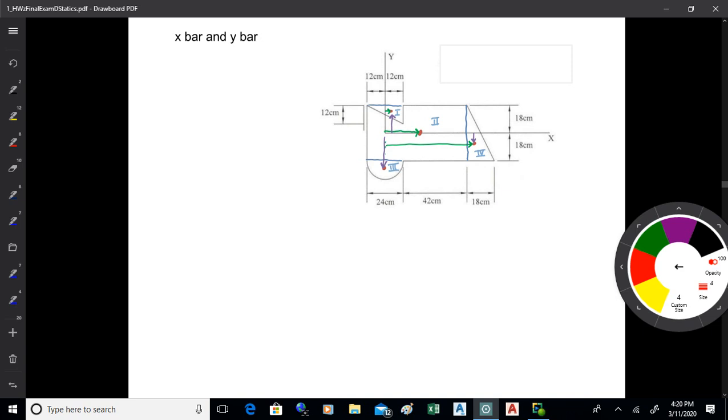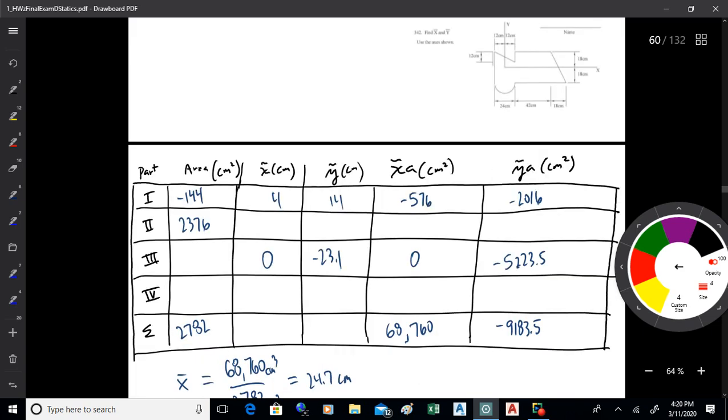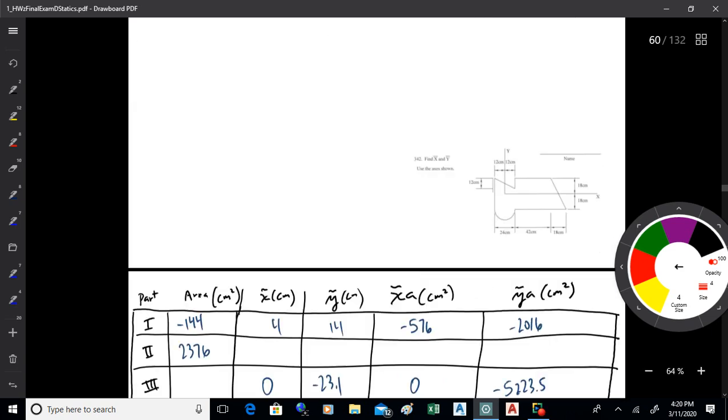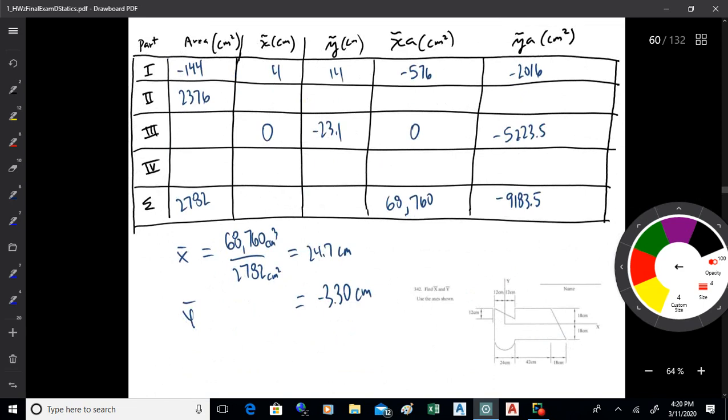Do we have any questions on those distances? Okay. Then I'll start to fill that in. I always want to have a table for these, especially the more complicated ones.